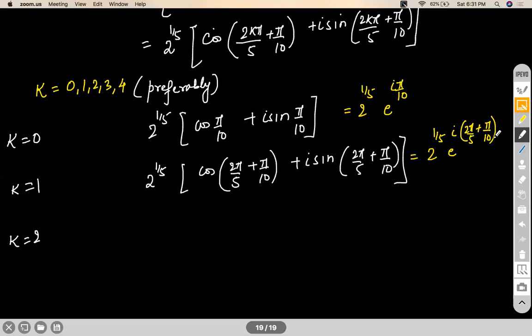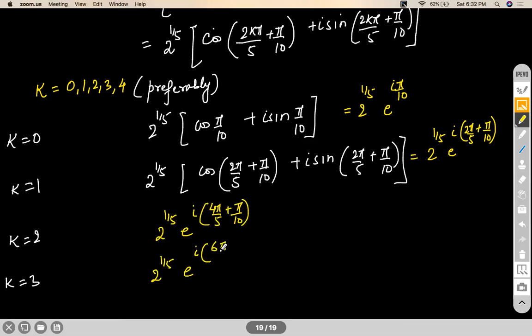If you put k as 2, I'll get 2 to the power 1/5 e to the power i of 4 pi by 5 plus pi by 10. If I put k equal to 3, I get 2 to the power 1/5 e to the power i of 6 pi by 5 plus pi by 10.